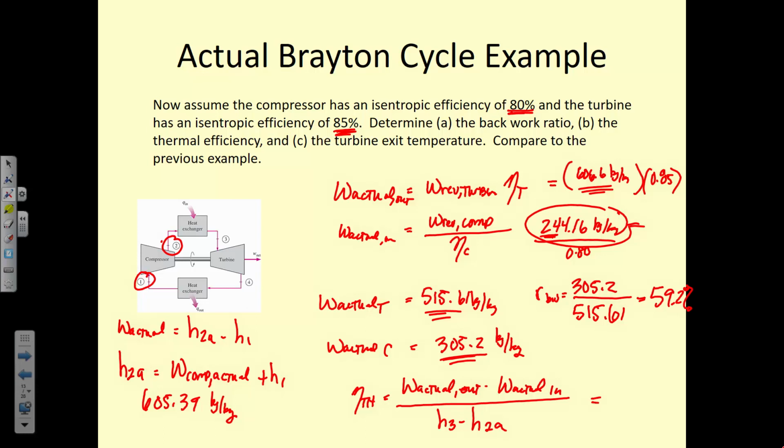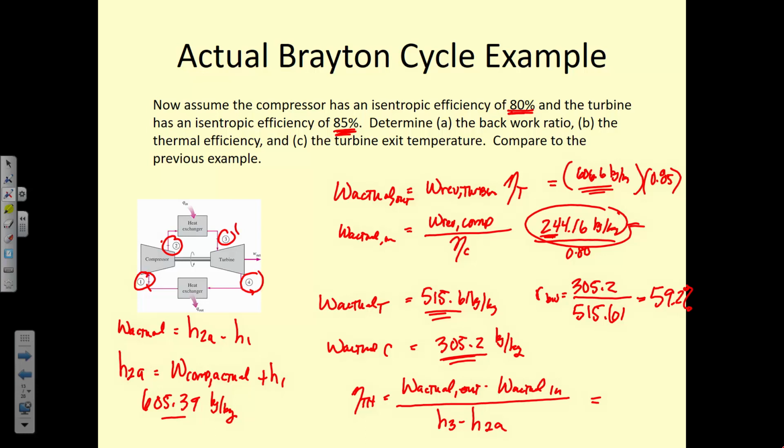So if we plug in the numbers for that, we have our 606, our 244.16, and H3 is on the previous slide, 605.39. H3 doesn't change because the inlets 1 and 3 stay the same, but 2 and 4 are the only two that are changing.